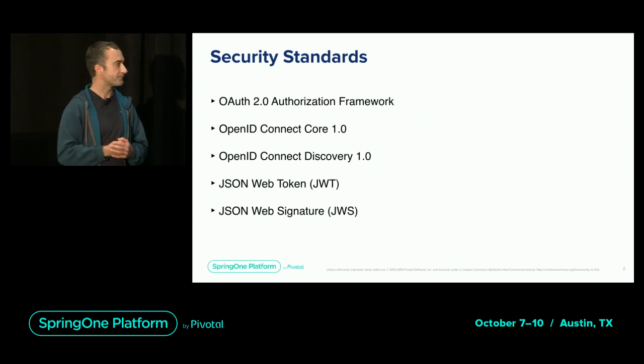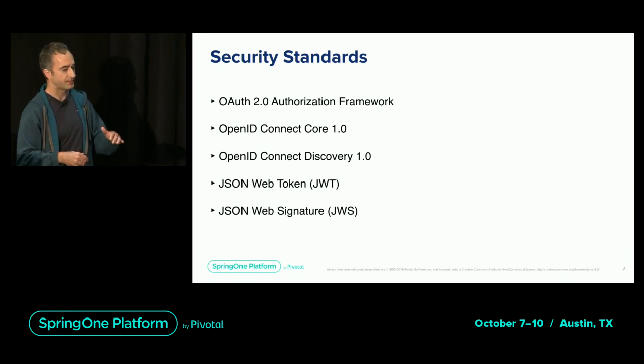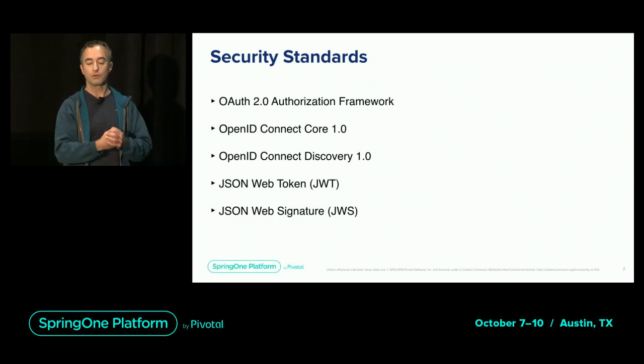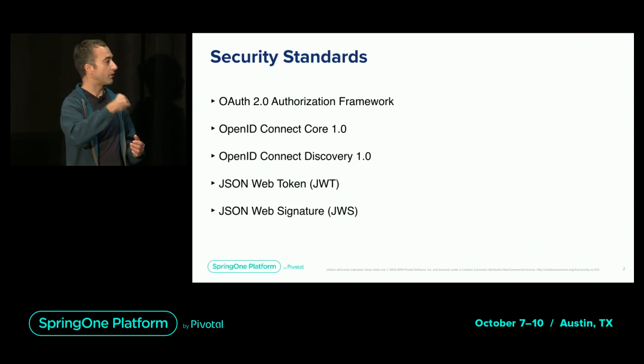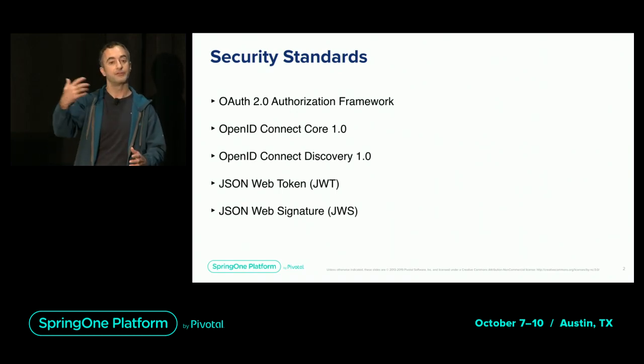I appreciate that, okay? Let's do a quick high level of the standards that have been implemented within Spring Security. It all starts with the OAuth2 authorization framework, right? The whole goal of OAuth2 is for an end user to authorize an OAuth application or an OAuth client to access its protected resources on behalf of the user.